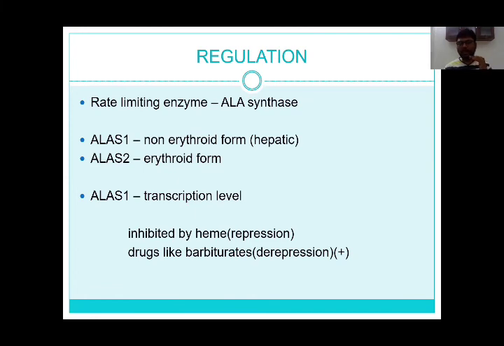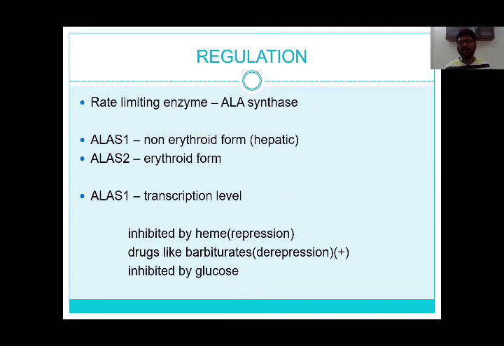So the transcription and synthesis of ALAS1 is inhibited by heme, whereas this inhibition is removed when the person is taking drugs like barbiturates. Other than that, it has also been found that glucose can inhibit the enzyme at the transcription level. That is the reason starvation always precipitates symptoms in patients suffering from porphyria. So this is the regulation at the level of transcription.